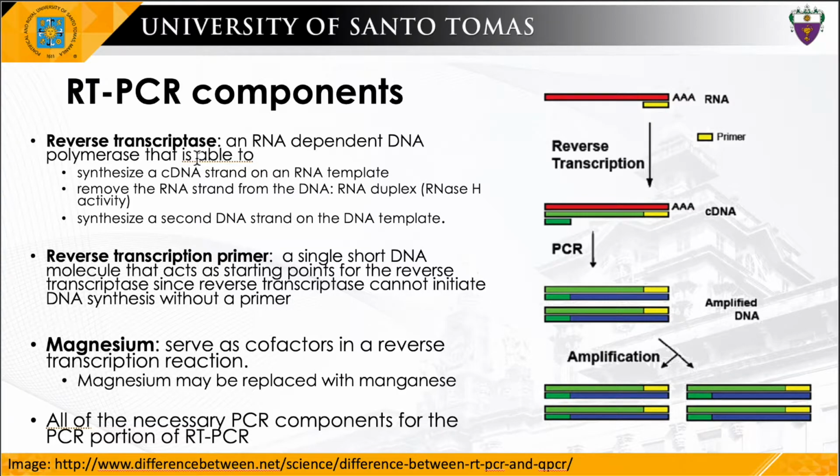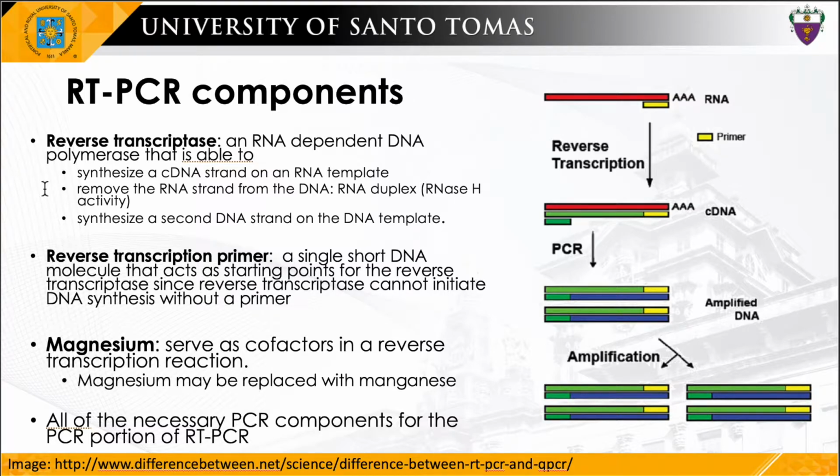Again, the reverse transcriptase is an RNA-dependent DNA polymerase, and it has three functions. It synthesizes a cDNA strand on an RNA template, removes the RNA strand from the DNA-RNA duplex or hybrid, and then synthesizes a second DNA strand on the DNA template. That's very important to know.